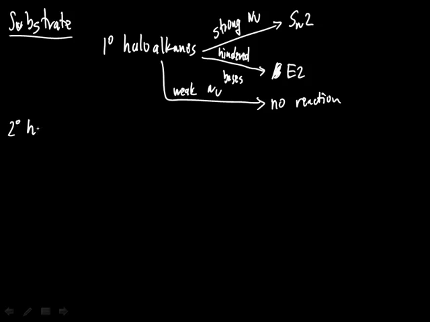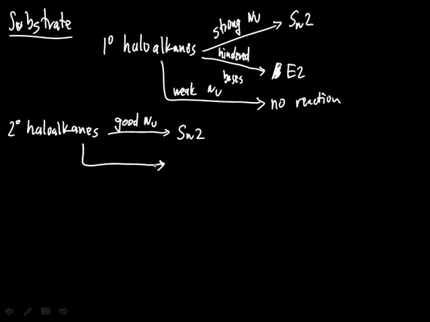Secondary haloalkanes are the most difficult to analyze because on one hand their steric bulk is not too bad, so sometimes it can allow the SN2 or E2 reaction. On the other hand, they do form stable cations, they go into SN1 and E1 as well, and so they're sort of a borderline case. So in cases when we have extremes, such as a good nucleophile, we will get SN2 reaction in this case as well.